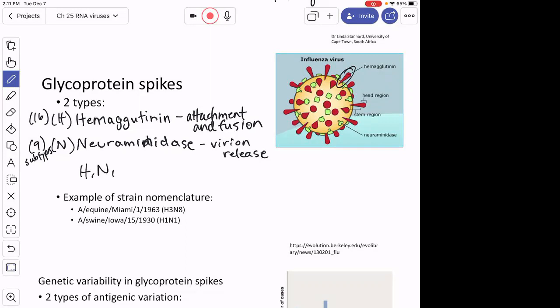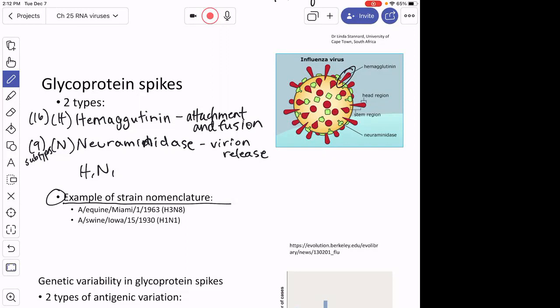We also called that the swine flu. That's one that's able to infect humans. I thought it might be helpful to talk about how we name the strains of flu, because there is so much mutation, these strains are always changing. It's kind of a slow change. We'll talk about that antigenic variation in just a minute, but they're constantly changing over periods of months, usually.